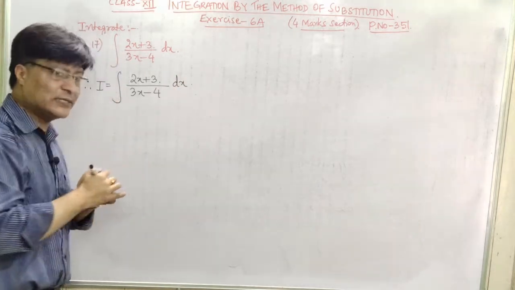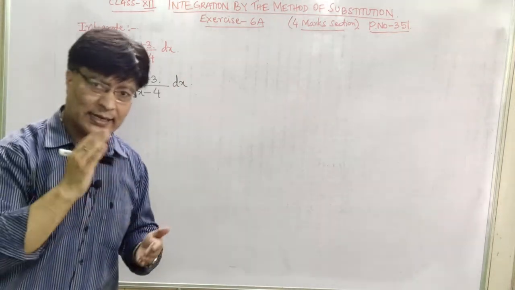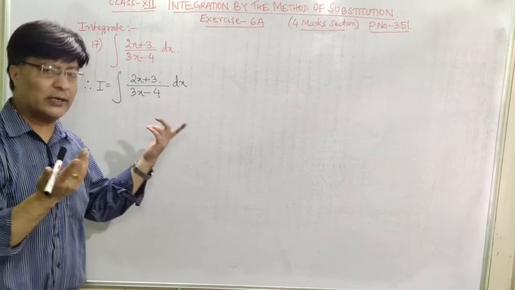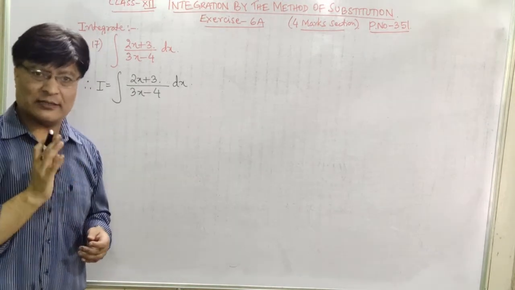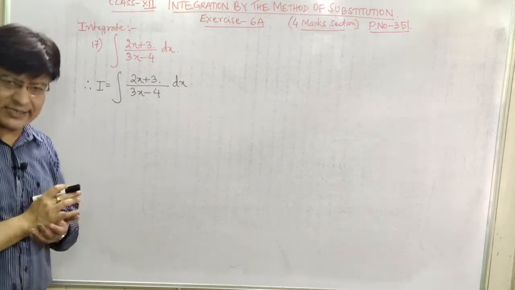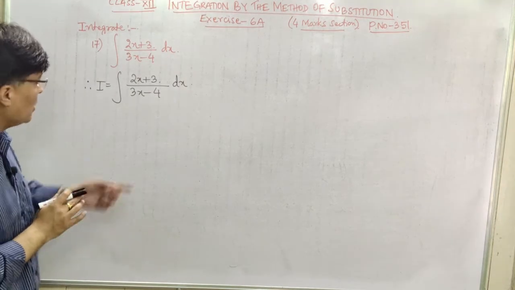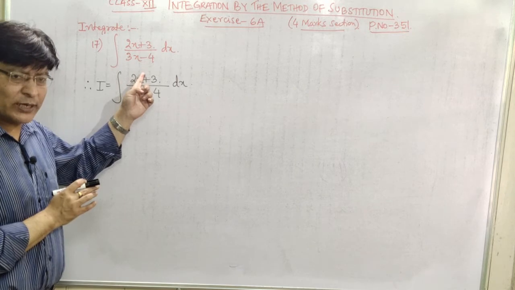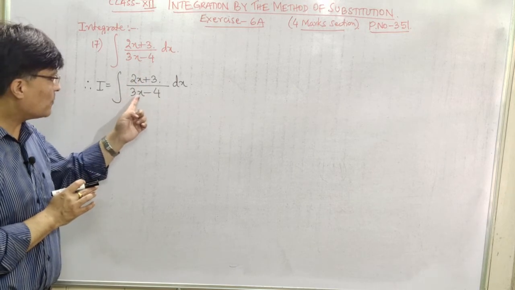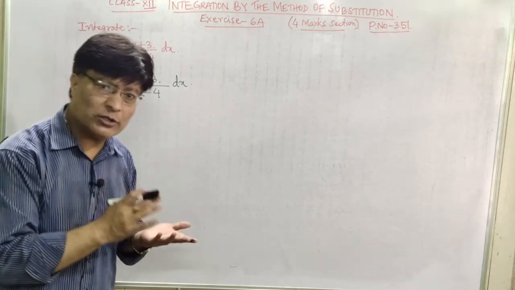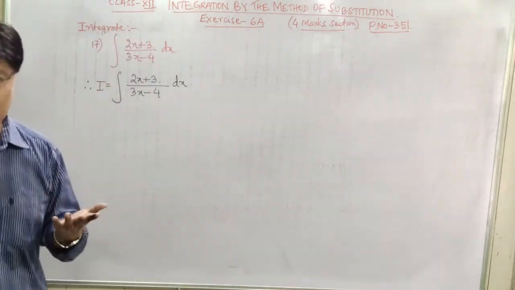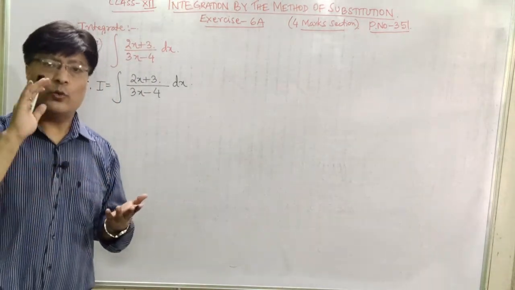Now what is the method in this case? त यसलाई हामीले let z is equal to 3x minus 4 गरेर गर्दा पनि हुन्छ. Or you can use the same method that we have done in question number 16. Okay? What is the highest power of x in the numerator? That is 1. What is the highest power of x in the denominator? That is also 1. That is, the highest power of x in both the numerator and the denominator are same. So what is the method here?